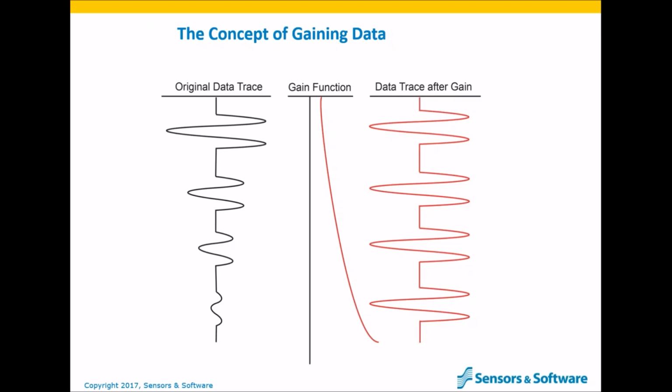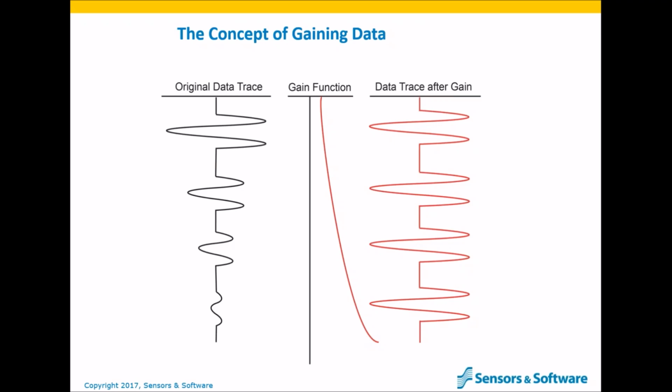So to see them in our GPR line plot, we need to apply a gain with a ramp, where there is less amplification on the top where the GPR signals are strong, and more amplification at depth where the signals are weaker.